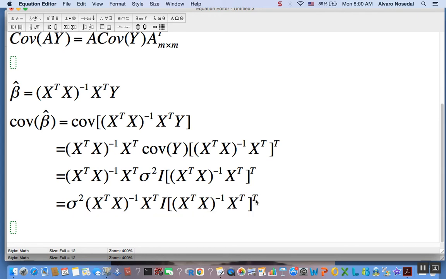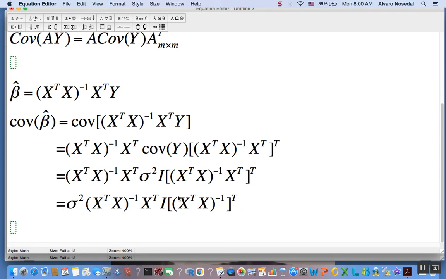Now, when we do this product and then find its transpose, what we will end up with is X transpose transpose, which is just going to be X, right?